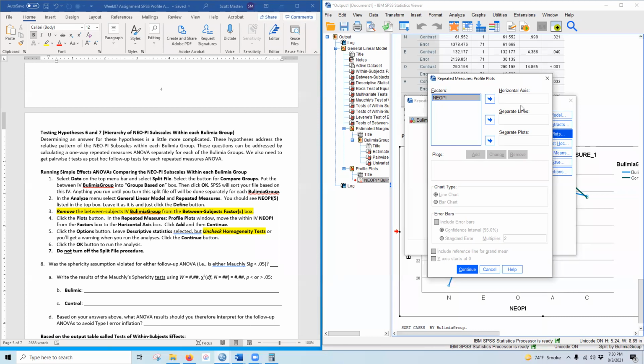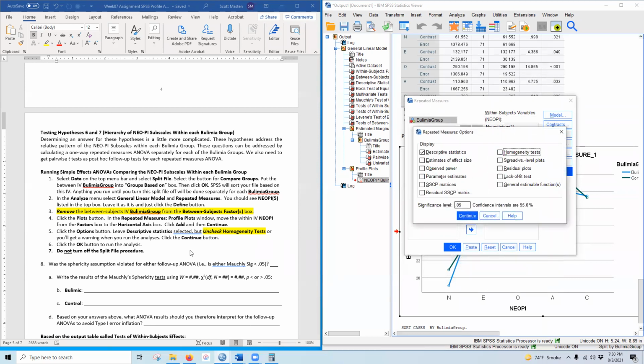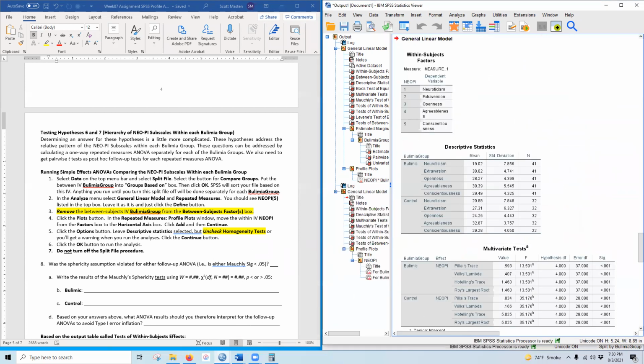Click Add and click Continue. And in the Options, I tell you, unclick homogeneity tests. Otherwise, you get all sorts of nonsense. Click Continue, and then click OK. So note we don't hit Paste. We actually click OK. Do not turn off your split file.